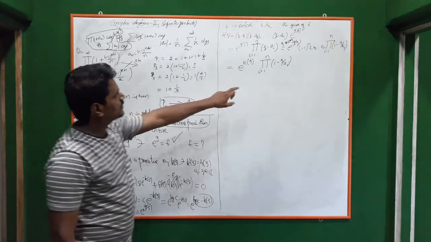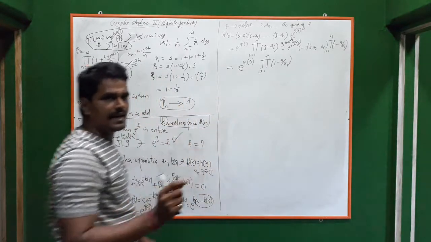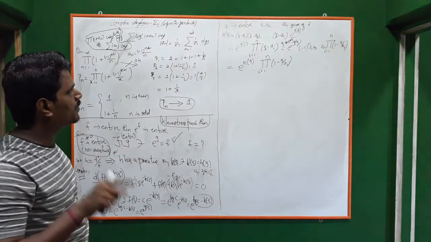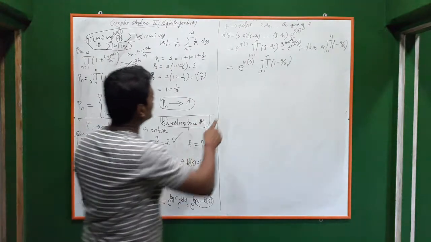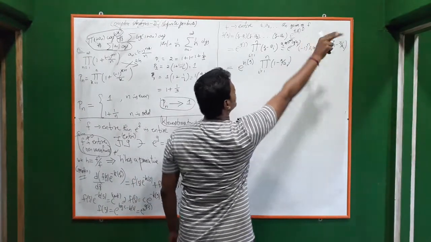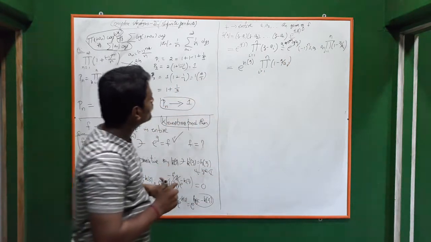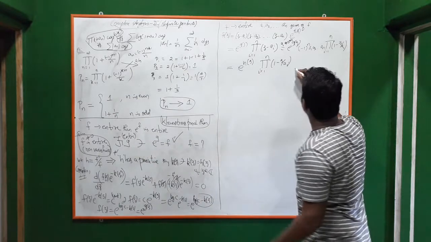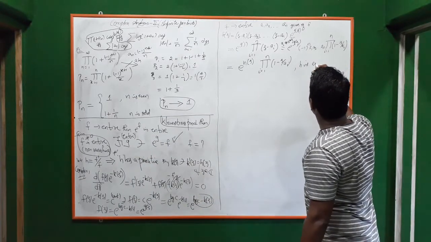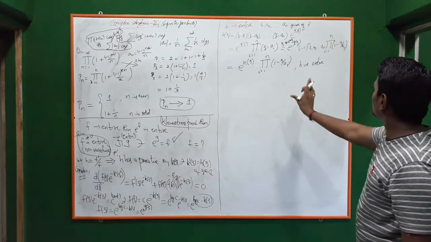So similarly all these ai's we can write as e power log a1, e power log a2. If you write like that, then it will be e power g of z plus those log terms. So I can write it as e power h of z into this product where h is entire.